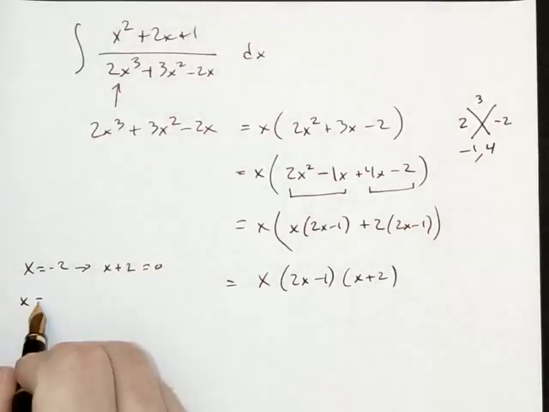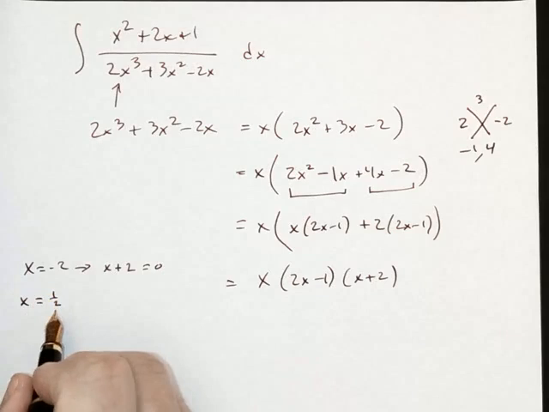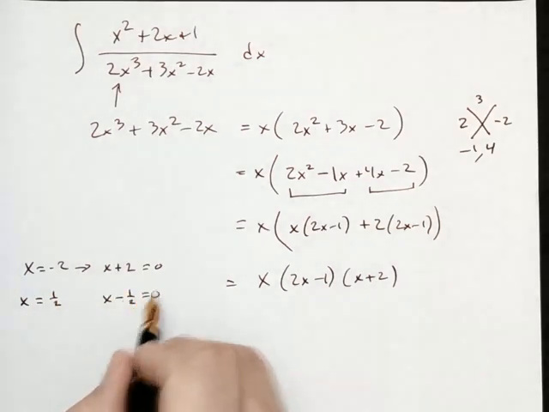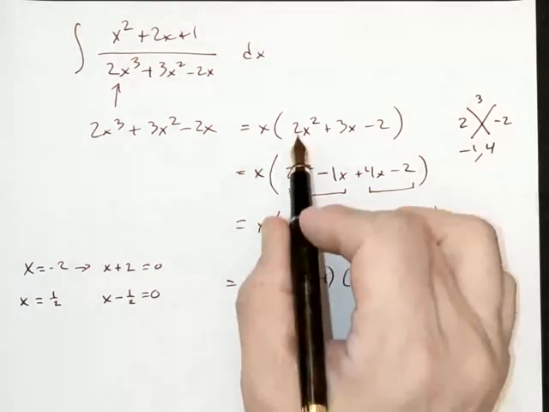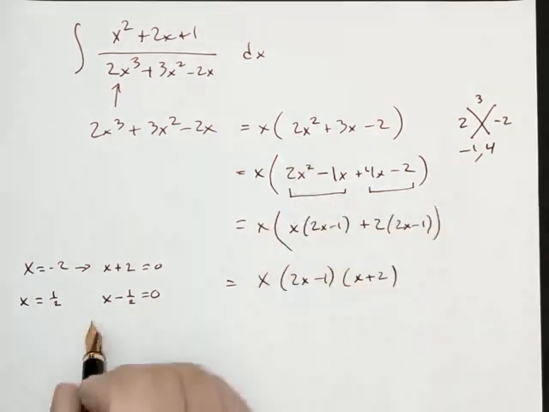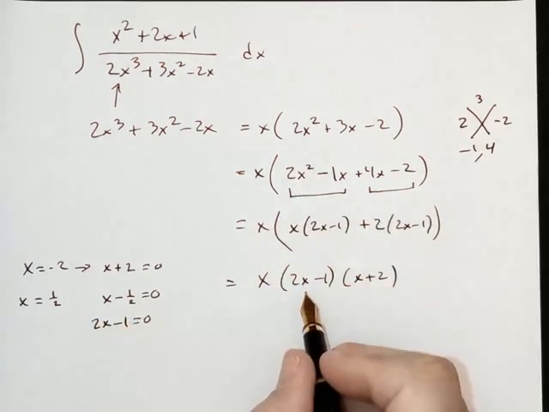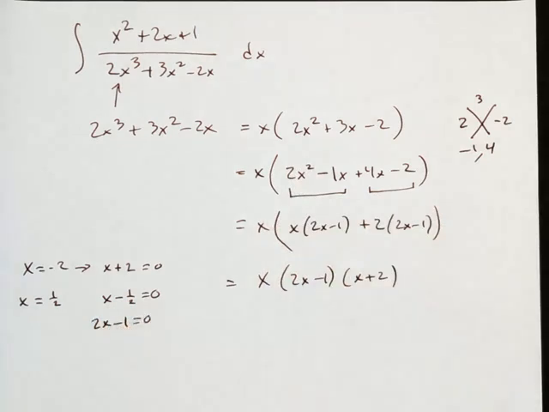And if one of my roots is 1/2, then I should get x minus 1/2. If I multiply by 2 to make that match, that matches right here, doesn't it? So if you have the roots, you have the factors. If you have the factors, you have the roots. I am better at factoring than I am at building from roots, but that's not a bad way to do it.